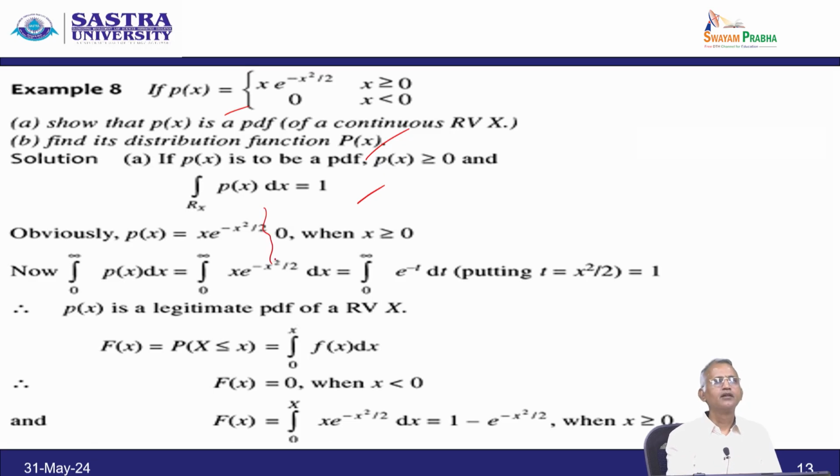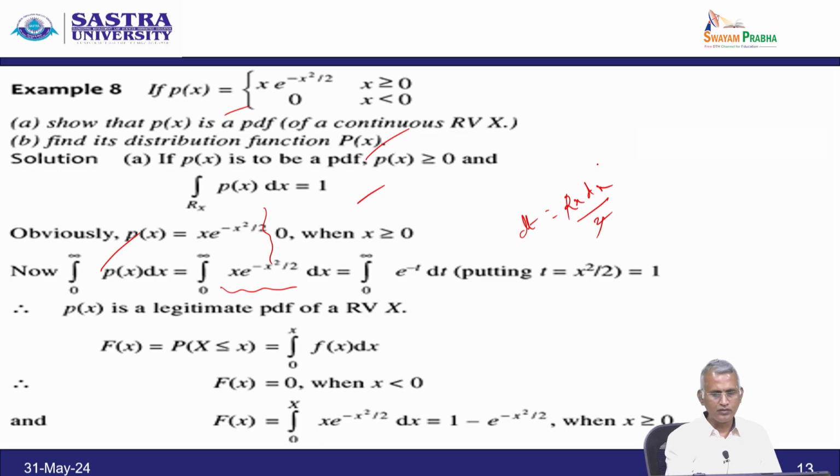Now, the integral varies from 0 to infinity. So, the integrand is x into e power minus x square by 2 dx, and here you have to do the substitution: put t equal to x square by 2, therefore dt equals 2x dx by 2, and the 2 gets cancelled, therefore dt equals x dx.